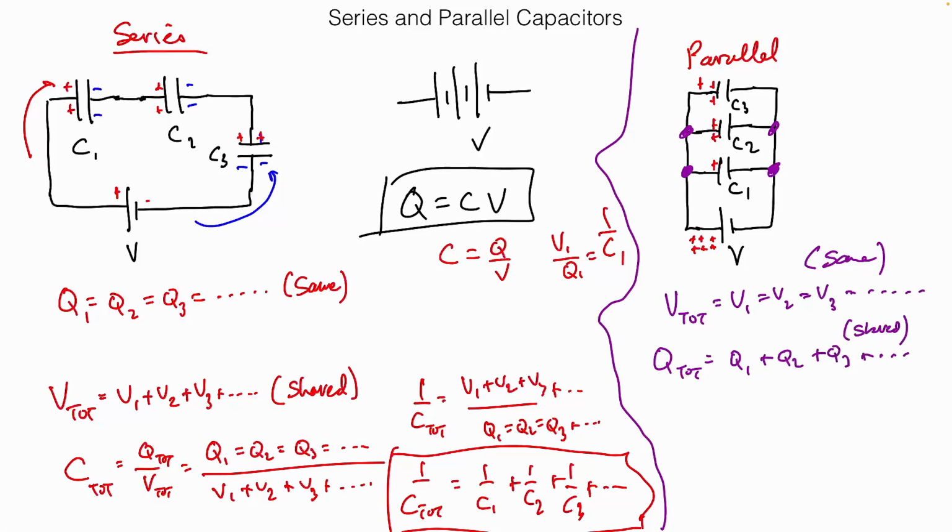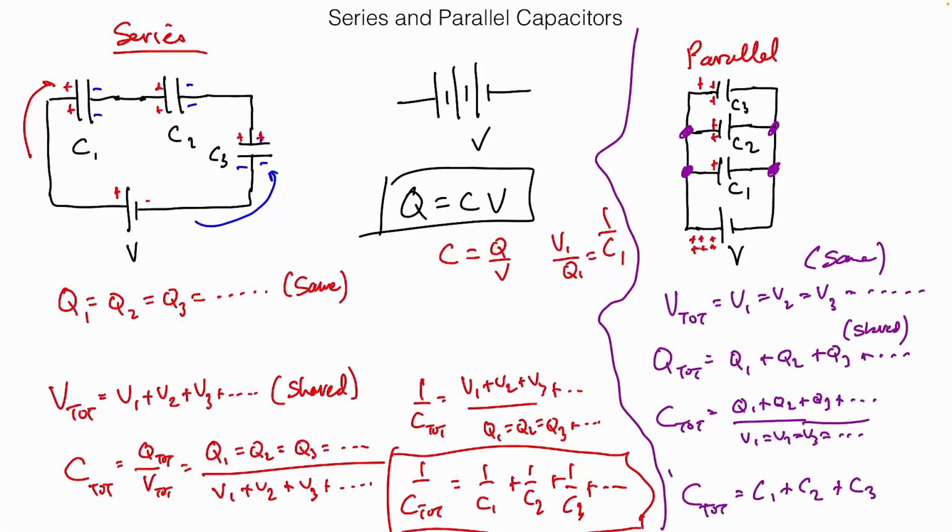Okay? And now I can write my C total, and now it's going to be right. Q1 plus Q2 plus Q3 all over V1 equals V2 equals V3 equals dot, dot, dot. And as you said before, this is C1 plus C2 plus C3.